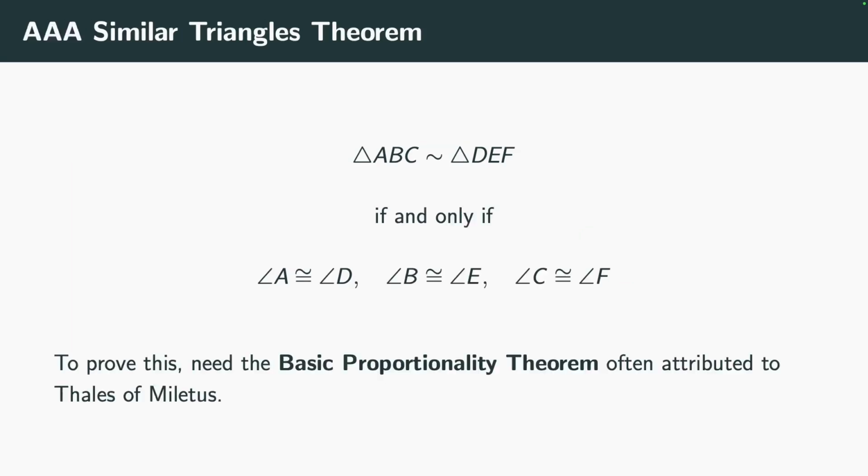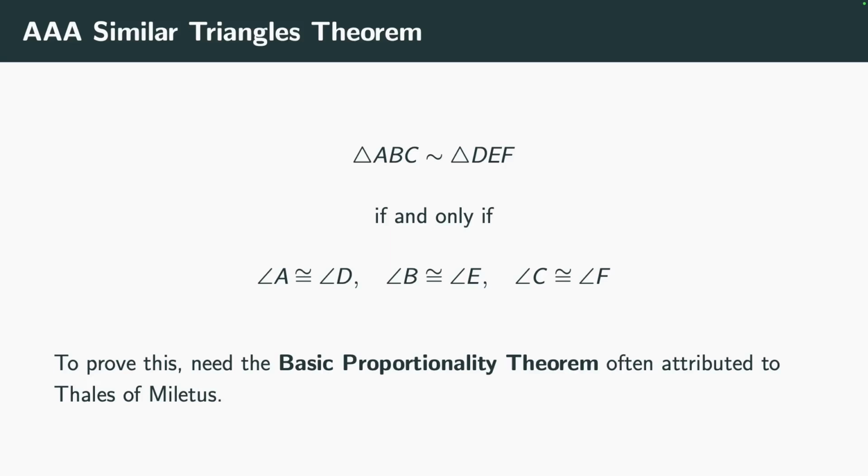Then we have a much more fundamental theorem on similar triangles, the angle-angle-angle similar triangles theorem. This tells us that two triangles ABC and DEF are similar if and only if their corresponding angles are congruent to each other.